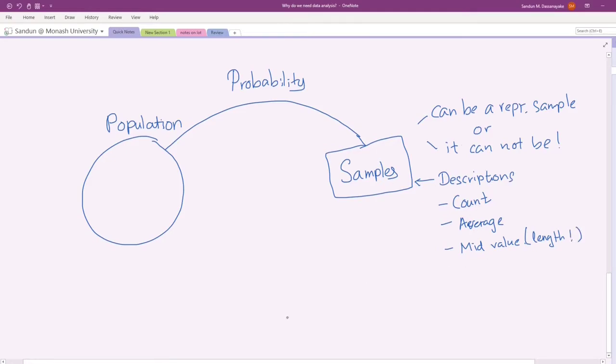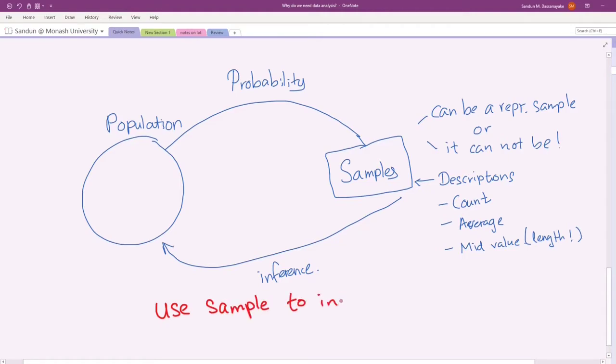If you are talking about, let's say, the height of a set, then the average is a descriptor of the sample. From this descriptor, can we make an inference about the population? If you have a set of kids and you are taking their heights, can you infer about all the kids in the world? How to use the sample to infer the population is what makes statistics a useful tool.